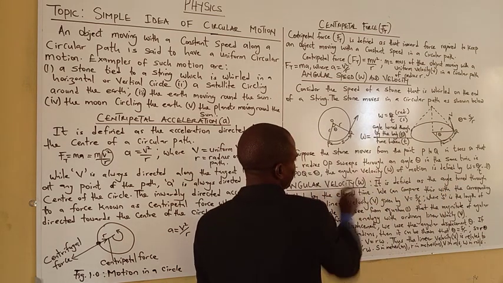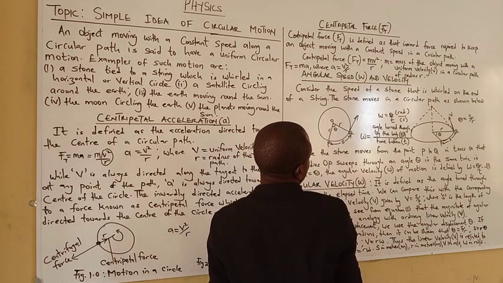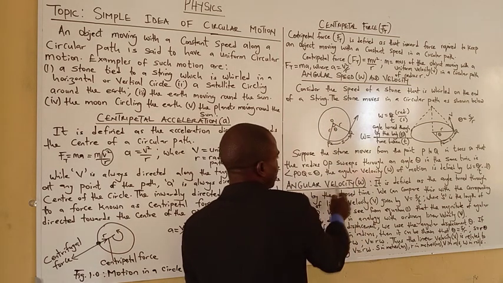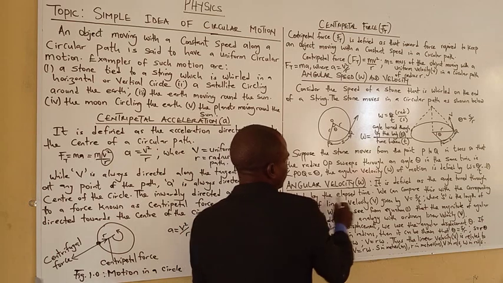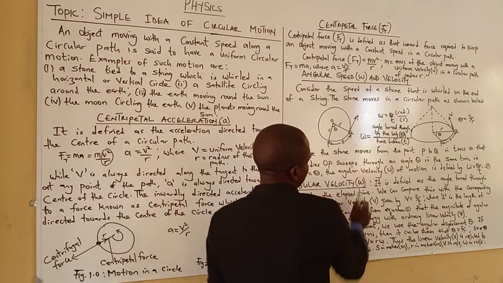Now let's go to angular velocity. We have angular speed. We have done that. W. Now angular velocity is defined as the angle turned through divided by the elapsed time.